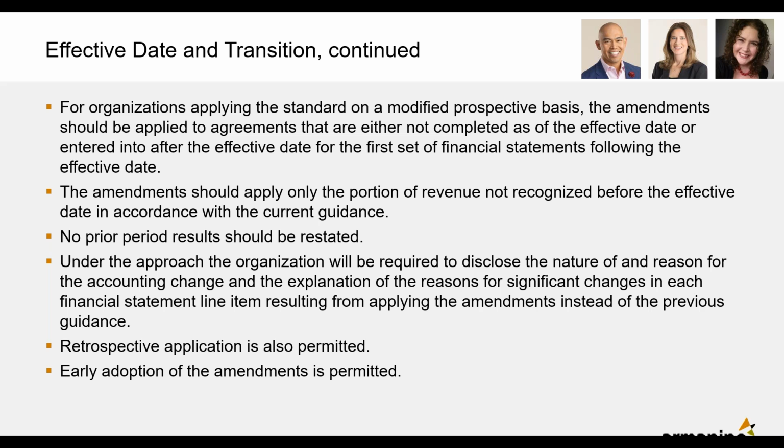So if you're looking at some type of prospective basis, you're going to have to take into account agreements that you have that are still open during the period of adoption because those agreements may fall into the scope of your implementation a little bit differently than if you're taking a retrospective method. So definitely discuss that with your auditors, with your service providers, with your granting organizations, because that's going to be a little bit different for all of you.